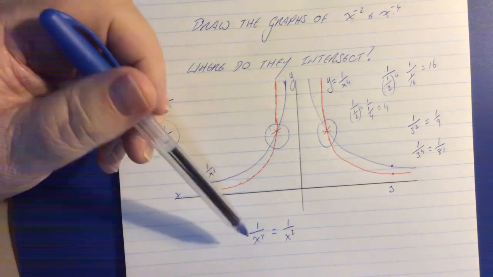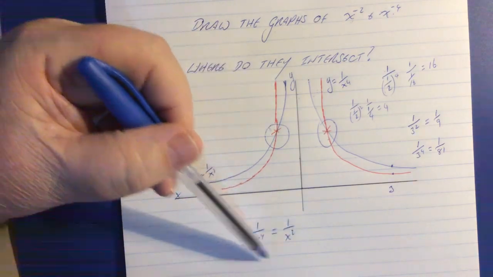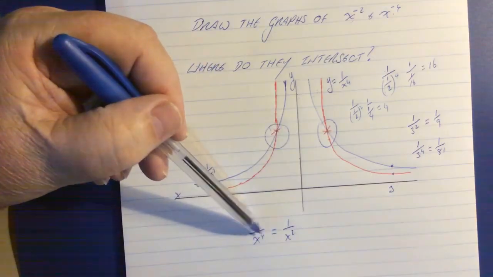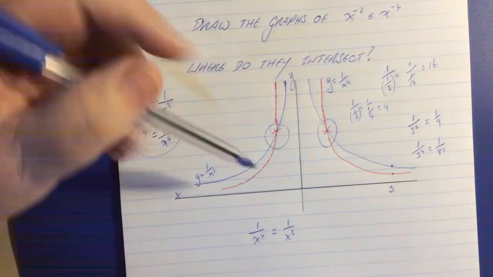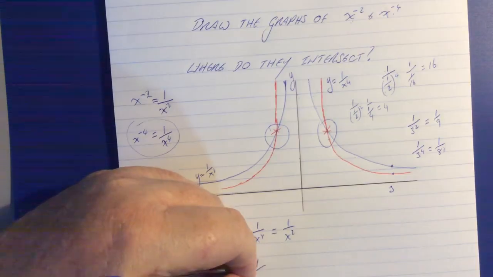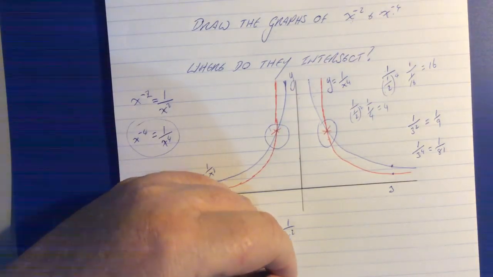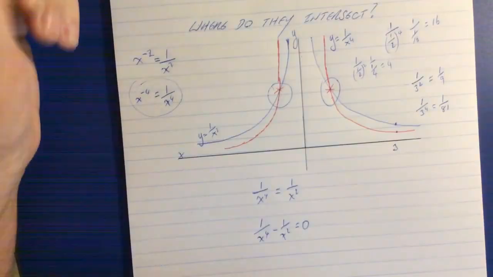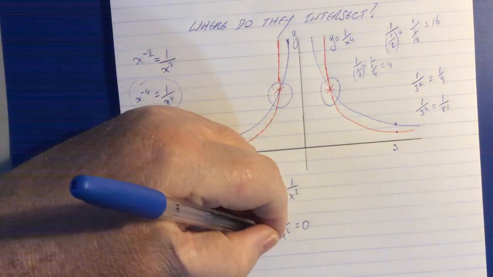And of course, if we consider this in terms of an algebraic expression, this point and this point must be where this equals this. So we can write that in another way. We can write it like that.